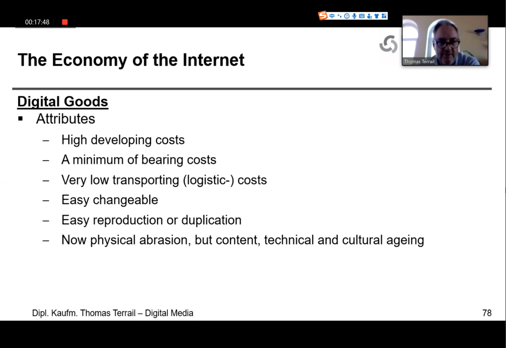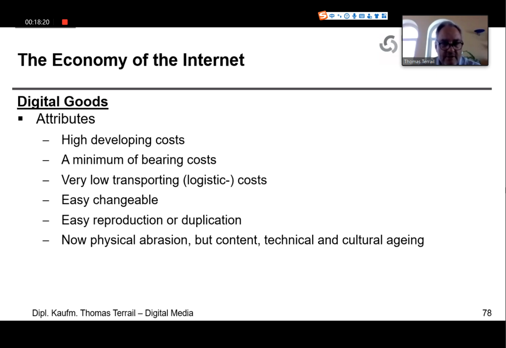The bearing costs here are not that interesting. You can normally speak of fixed costs. The developing costs are the first, the costs for the programming, and then if you talk about distribution, you need only a server.